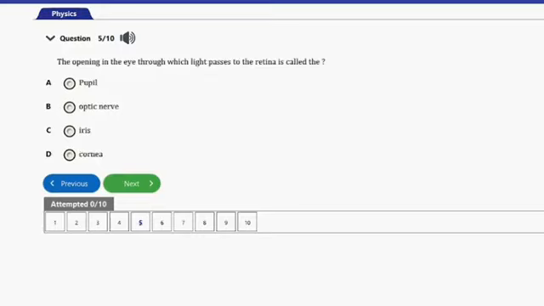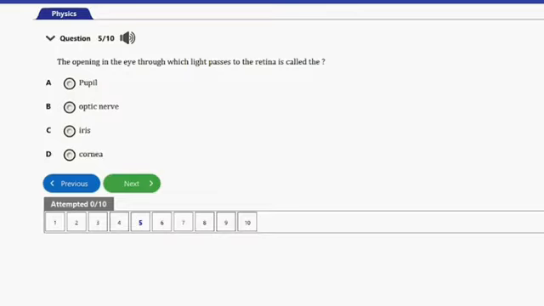It says, the opening of the eye through which light passes to the retina is called the A. pupil, B. optic nerve, C. iris, D. cornea. So guys, the answer to this question is option A, and that's the pupil.